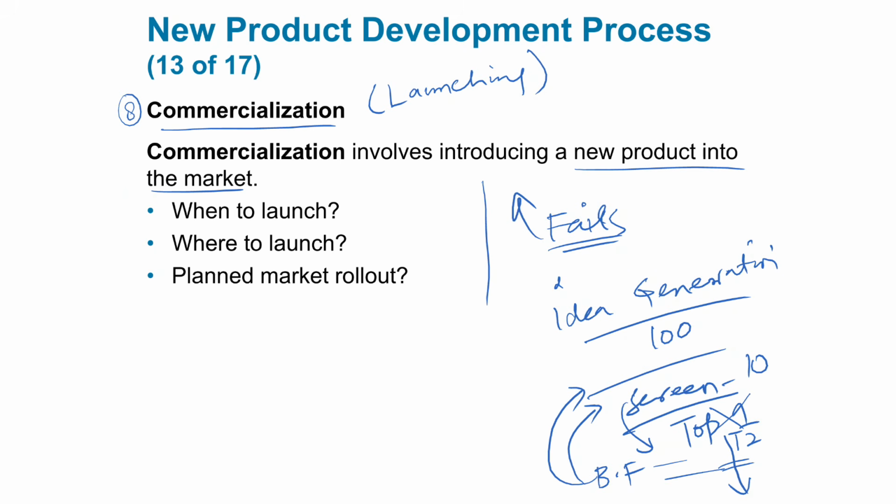In commercialization, some of the things that you have to keep in mind is when to launch the product. So the launching time of the product, when to launch the products, very important. What time? Because a lot of the time companies launch the product at a wrong time. So you have to understand that the best time to be successful in terms of launching your product should be researched thoroughly.